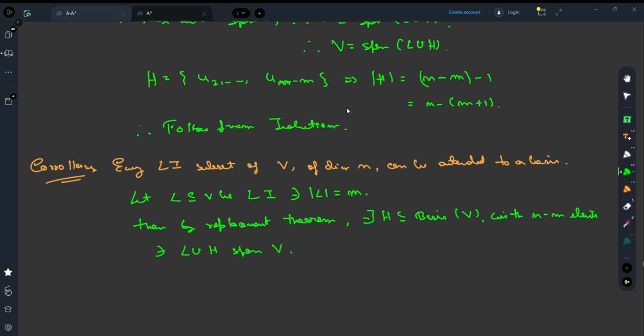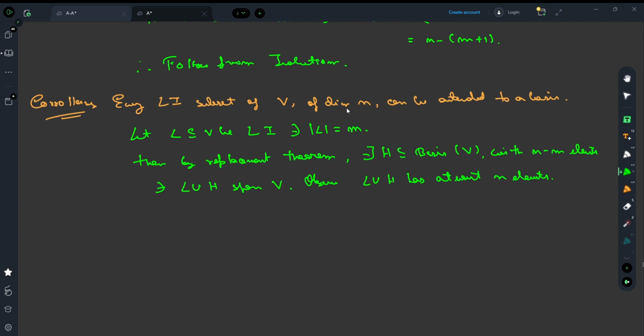So if there is no repetition of elements in L and H, that is, every element in L and every element in H are mutually distinct, then the number of elements in L union H is n. If not, then the number of elements in L union H must be less than n. So observe L union H has at most n elements.